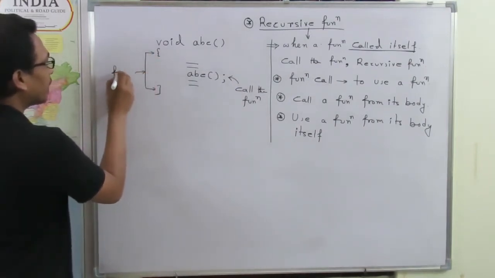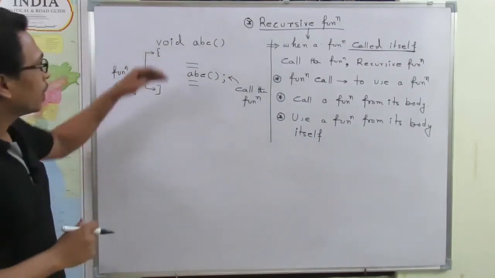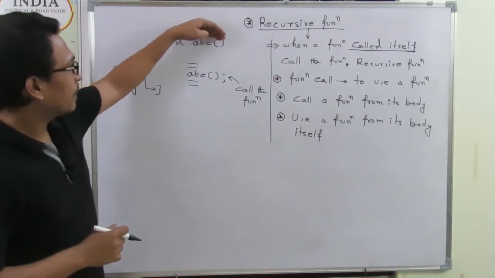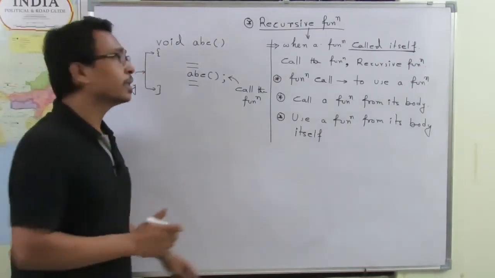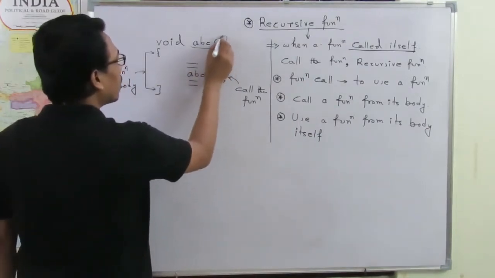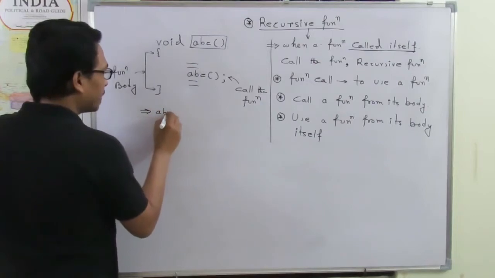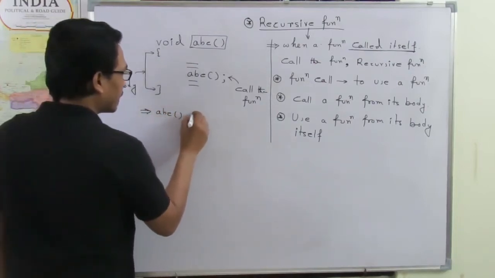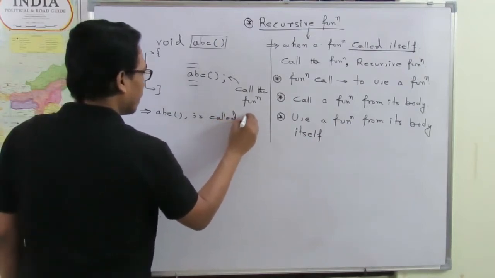This is our function body. Now look, from the function body of ABC function, we are going to call the function itself. That means this function is called itself. This function ABC function is called itself.